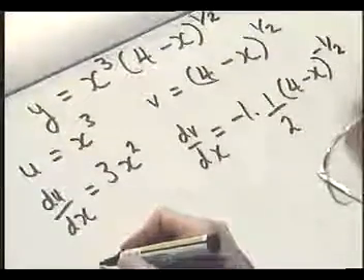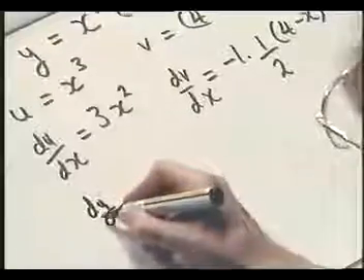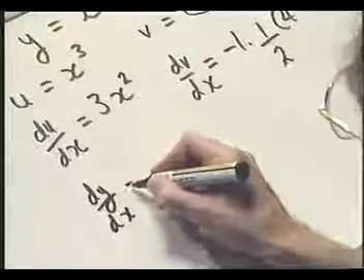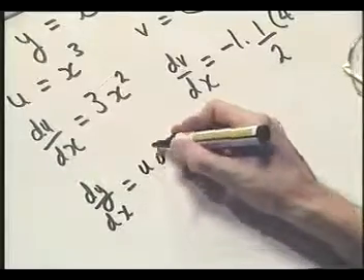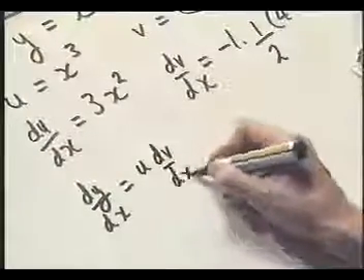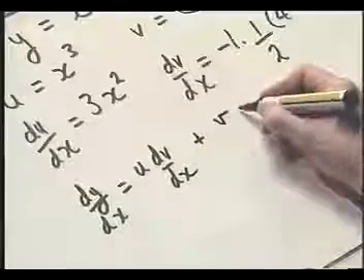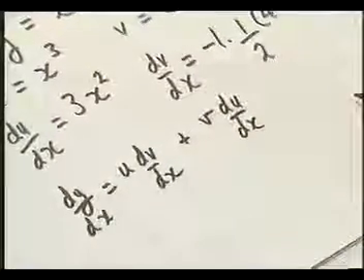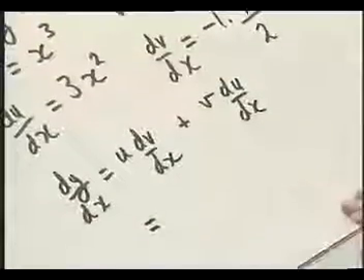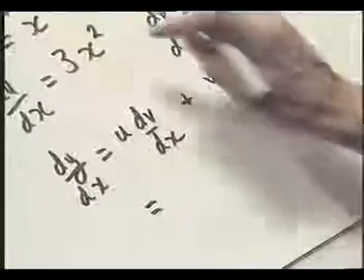Let's quote our formula. dy by dx is equal to, and we know that it's u dv by dx plus v du by dx. And we can now plug in the bits that we need.